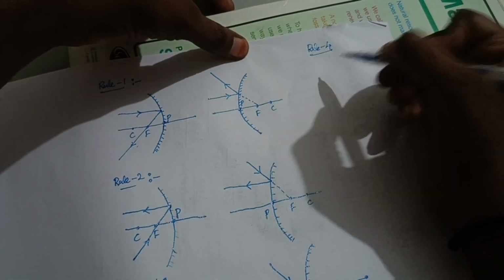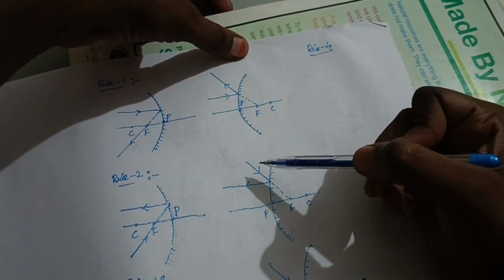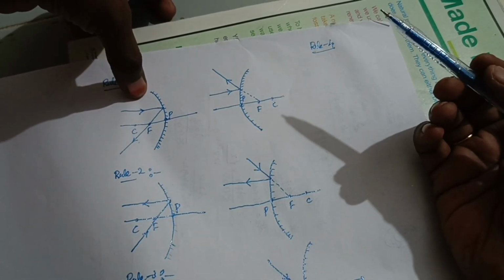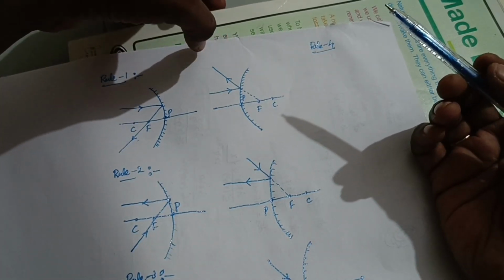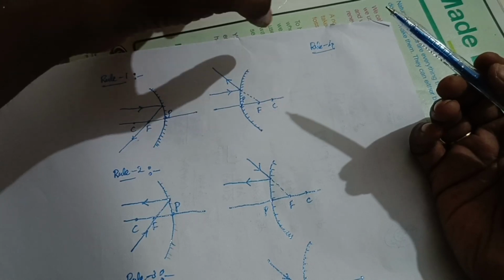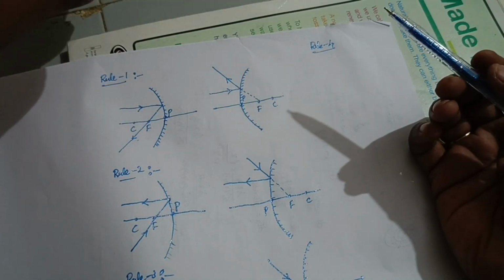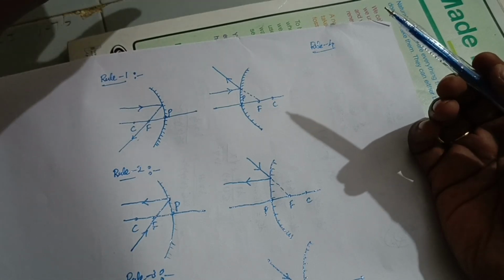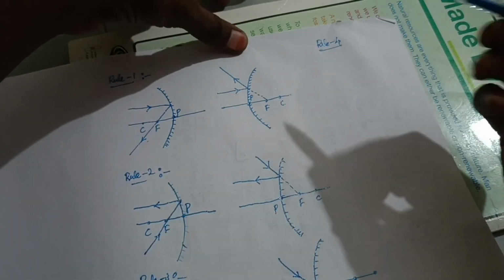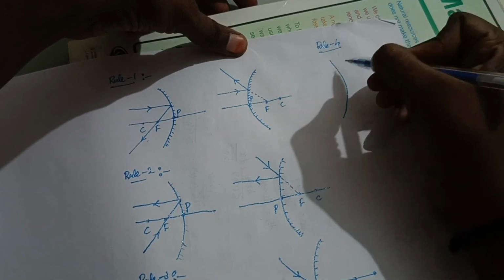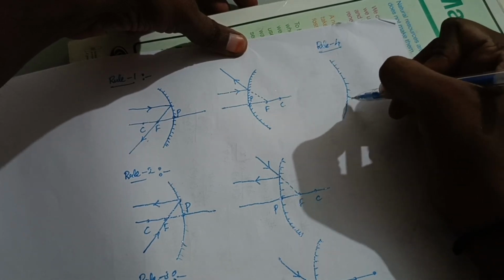Okay, so rule 4 is, if the incident ray passes through the center of curvature in a concave mirror or seems to pass through the center of curvature in a convex mirror, then the reflected ray will follow the same path but in the opposite direction. Let me put what I said in the form of a diagram. So this is a concave mirror.